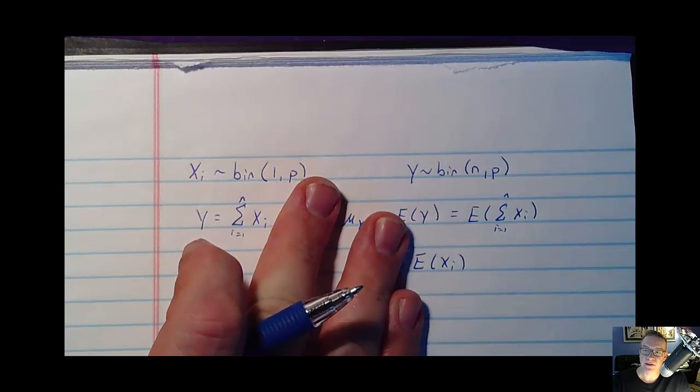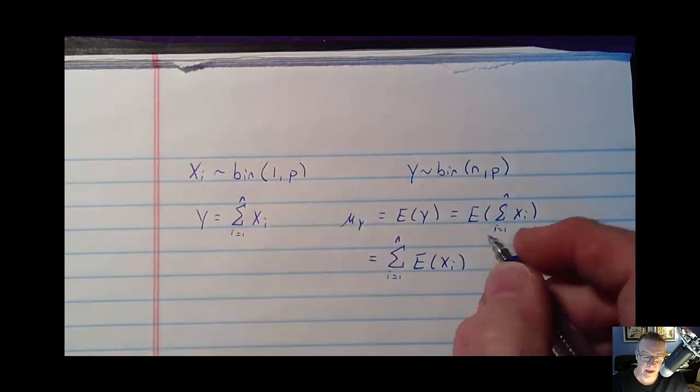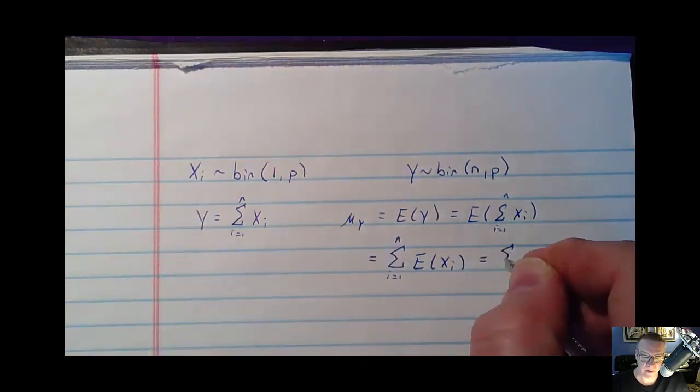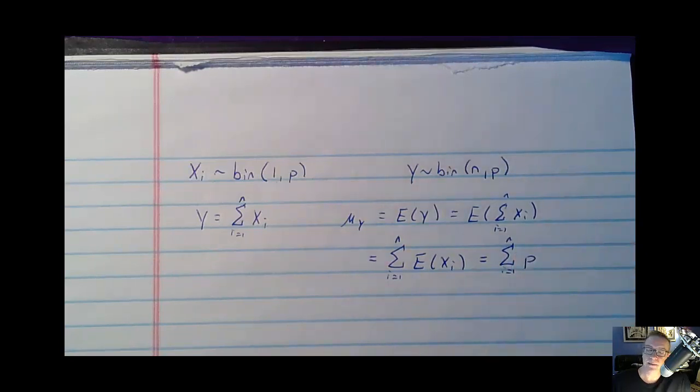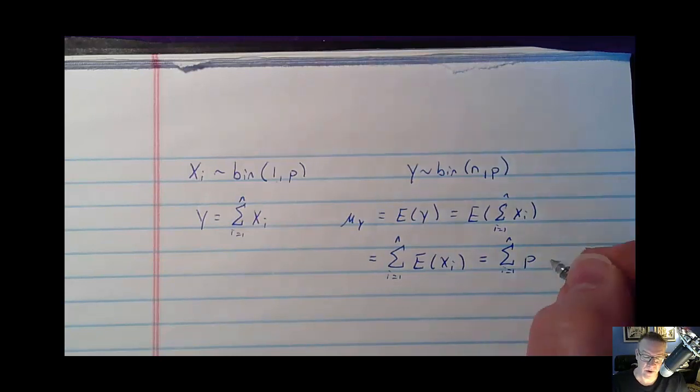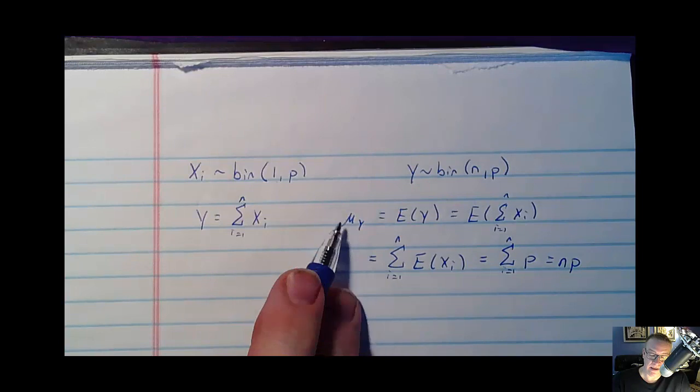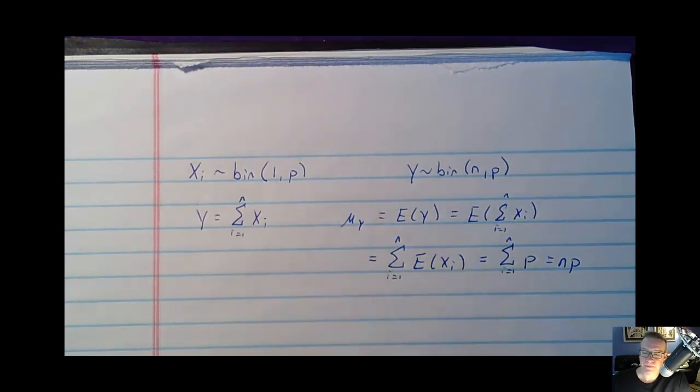This expectation just turns out to be p. And so what we have here is we are summing from 1 to n just the constant p. And so this is just p plus p plus p plus p, and we keep on doing it n times, which is where we get the formula n times p. So the mean is n times p.